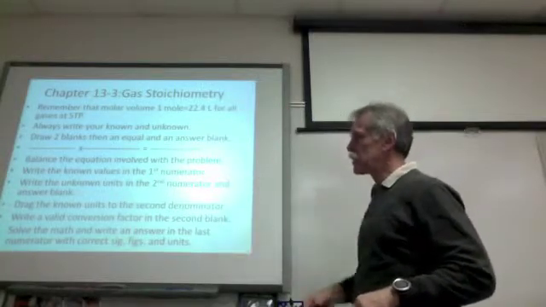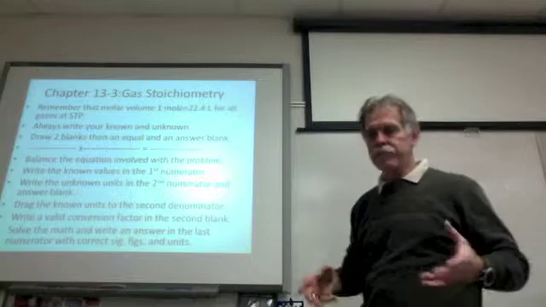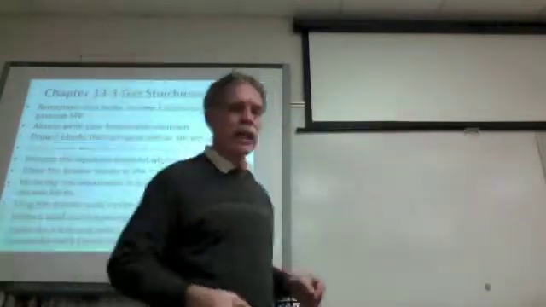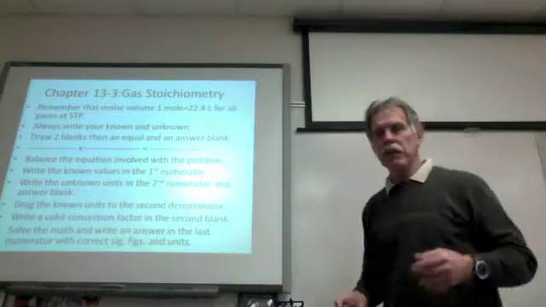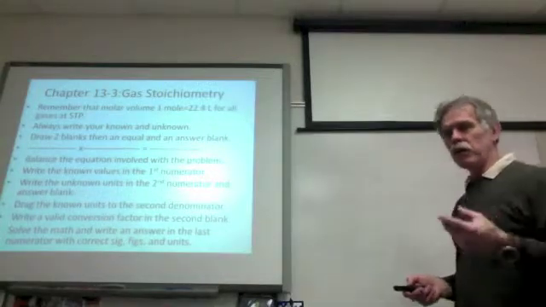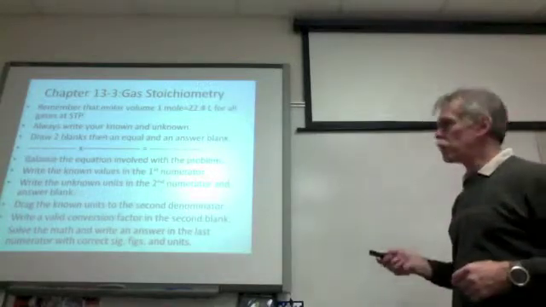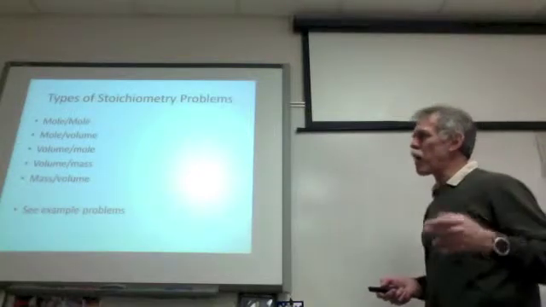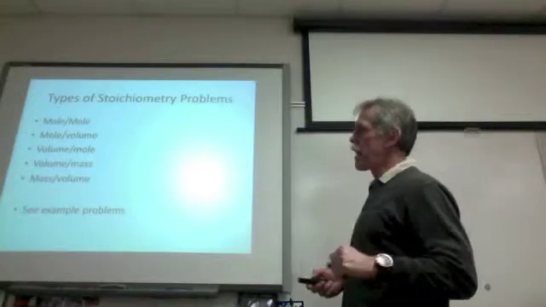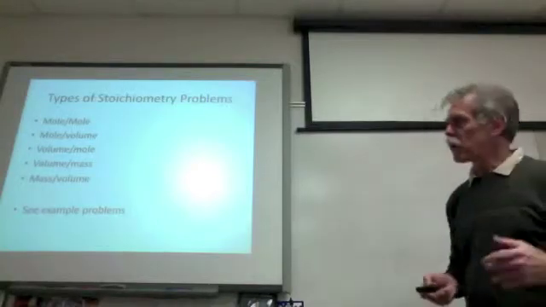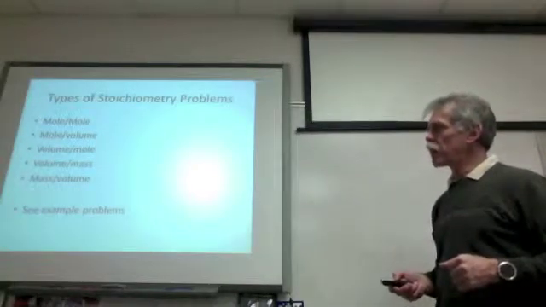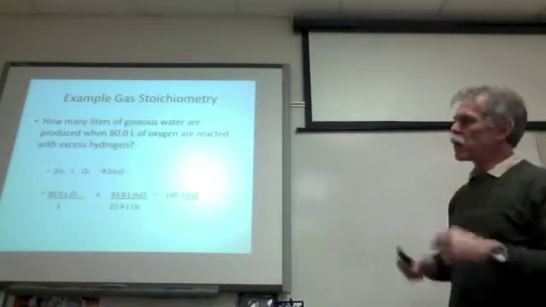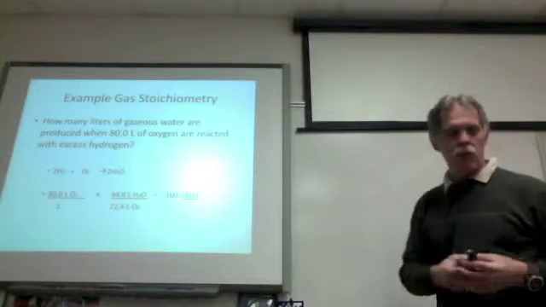All of that's in here step by step, and if you follow those steps, we've already done gas stoichiometry problems, but since we're dealing with gas in this chapter, this is just a review. Different types of problems: mole-mole, mole-volume, volume-mole, volume-mass, mass-volume. Let's see, does it have volume-volume? It doesn't. Here's one that's volume-volume, and we'll work through that.